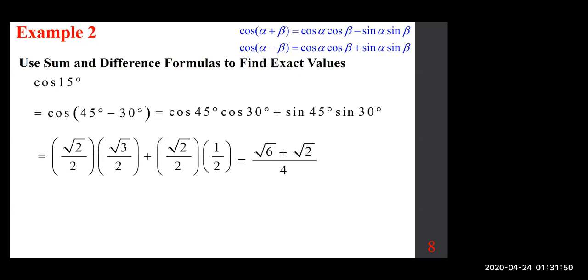What I want you to notice, it might be helpful in the future, is that pi over 12 is the same as 15 degrees. Okay, class? Pi over 12 is the same as 15 degrees. That is also helpful. So, what did we do?